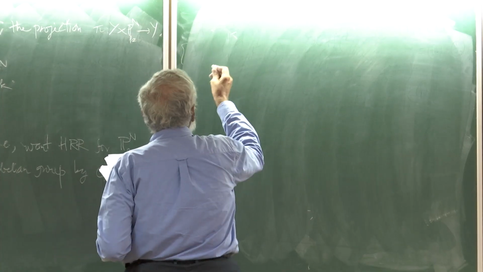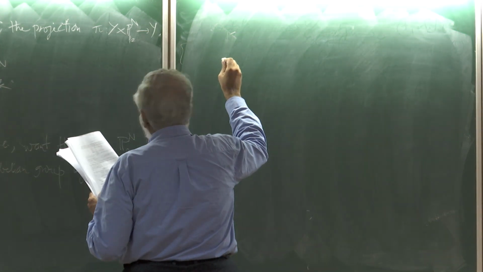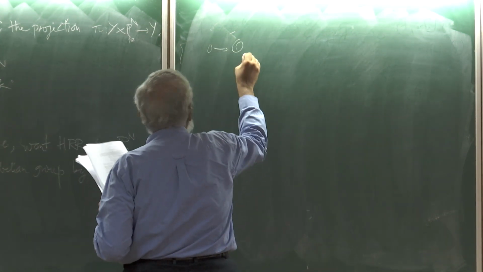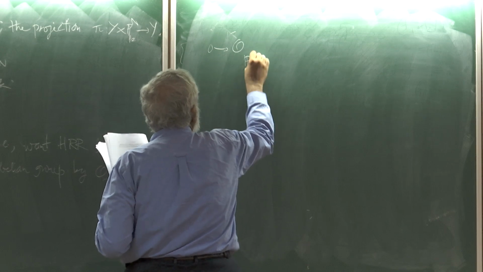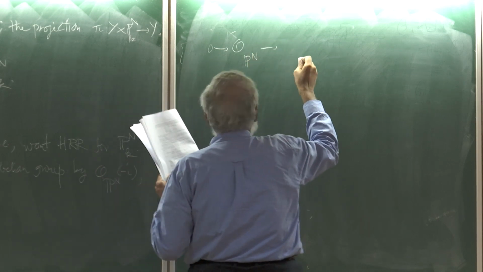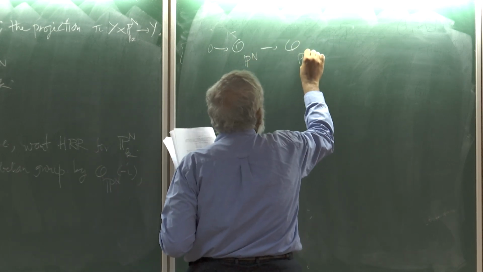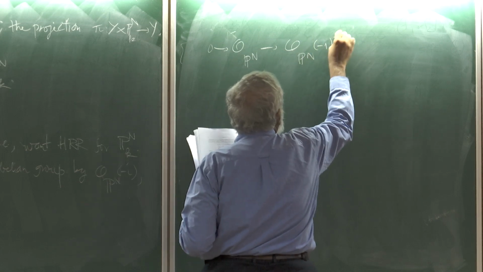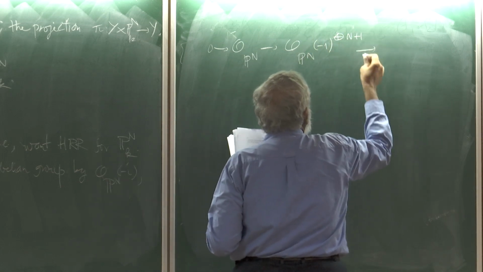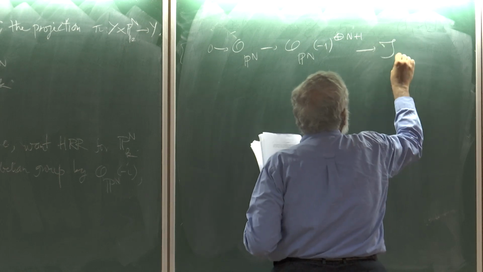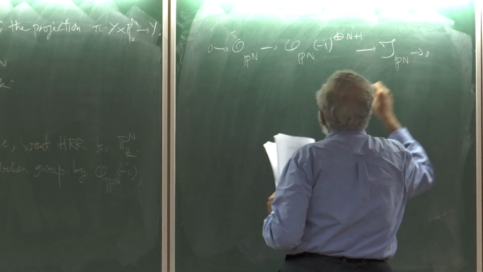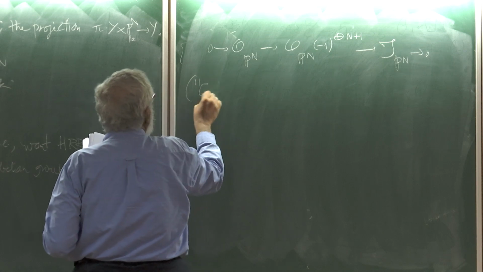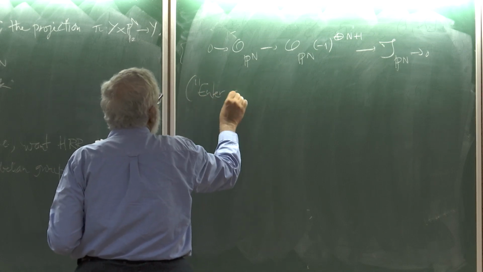Right. So let's try to do some computations. First, start with this exact sequence: O Pn of minus 1 to the n plus 1 to T Pn to 0, a version of what people call the Euler sequence.